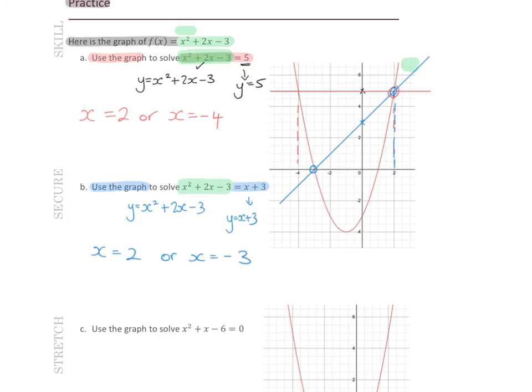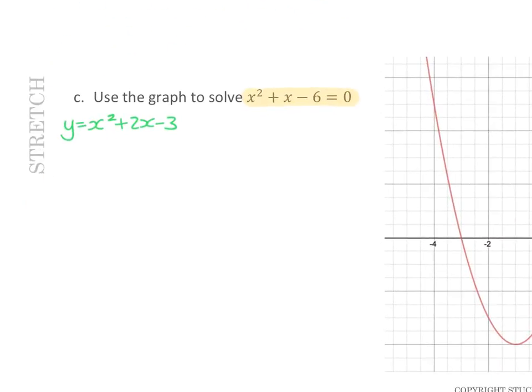Okay, my final question in yellow, use the graph to solve this equals 0. Now this time I don't have a green light because it does not match the graph that I've been given. So remember, we are aiming for this. That's what we're aiming for. So what we need is an extra x, so plus x, so that's fine.